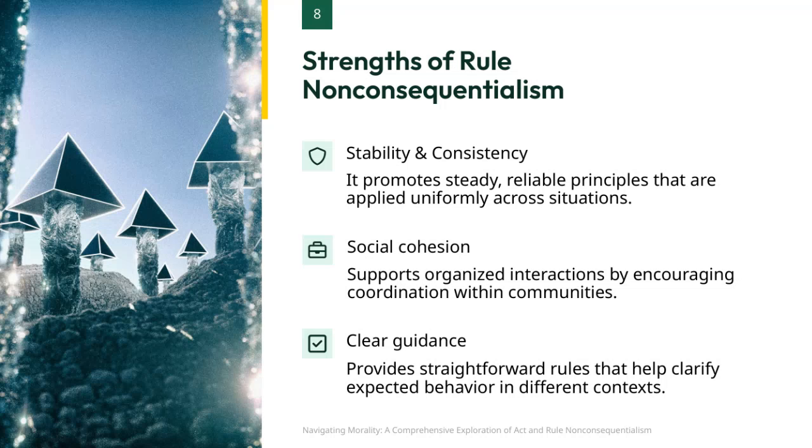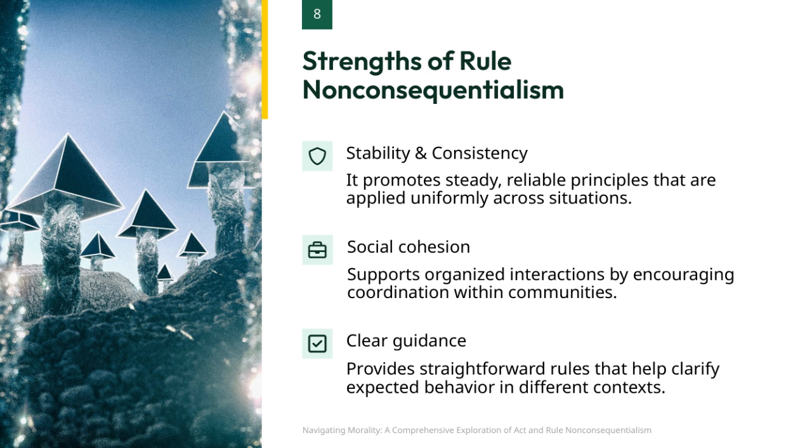Here, we're looking at the strengths of rule non-consequentialism, which really hinges on three main ideas. First, stability and consistency. This theory promotes steady, reliable principles that we apply uniformly across different situations, giving us a solid foundation to work from. Next, social cohesion.